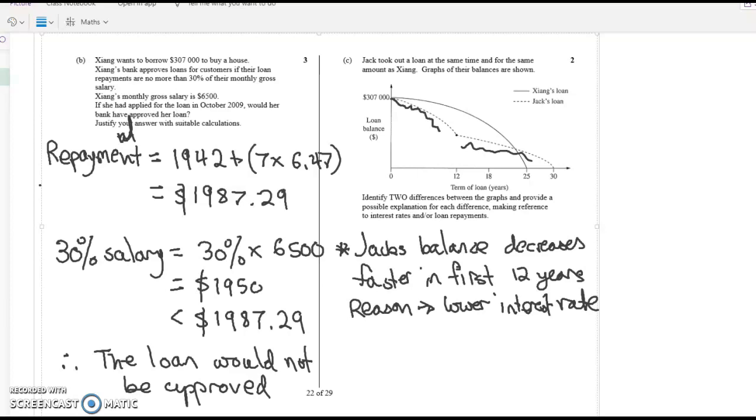Alright, a second difference is that the loan terms are different. The lengths are different.